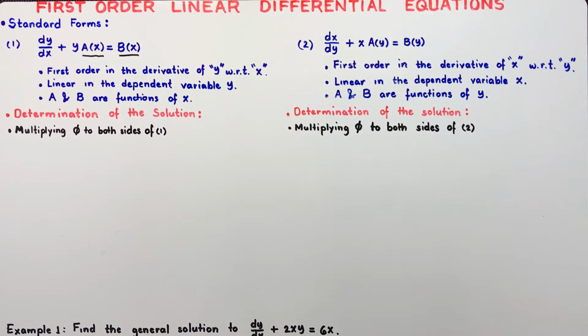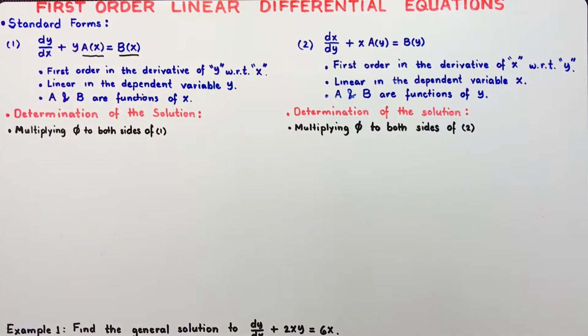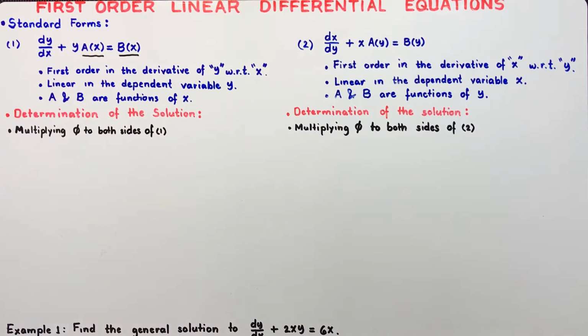Now, let us determine the solution of this standard form number 1, dy/dx plus y times a of x equal to b of x. The solution to this type of equation is obtained with the help of the integrating factor phi.